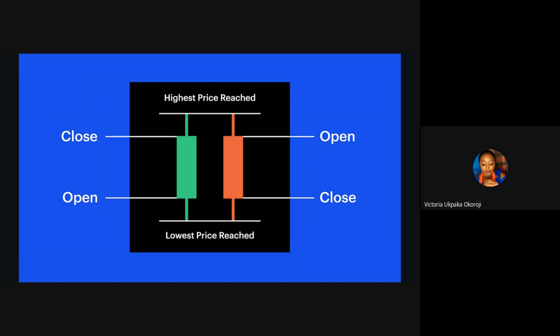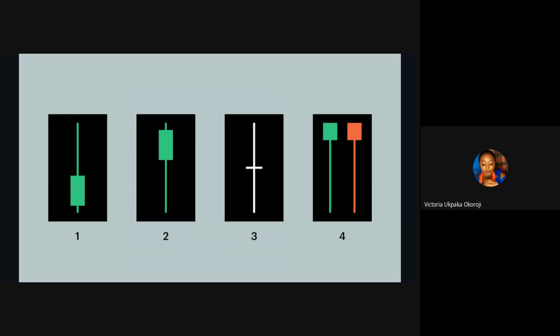Am I confusing you? No, no, I'm following you. Okay. So this hammer and hanging man, because there's no tiny stick at the top, it simply climbed.